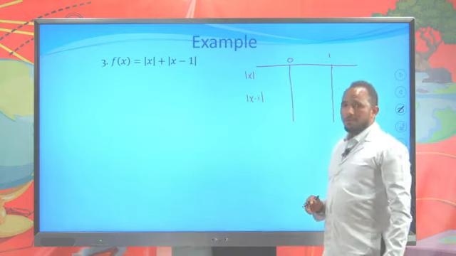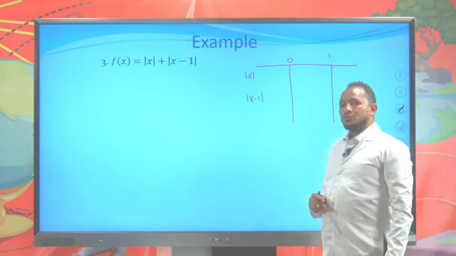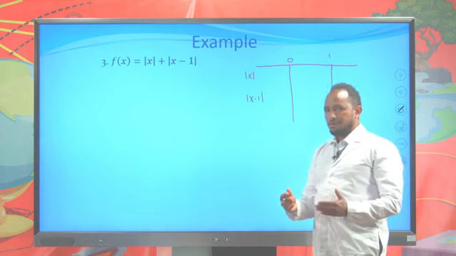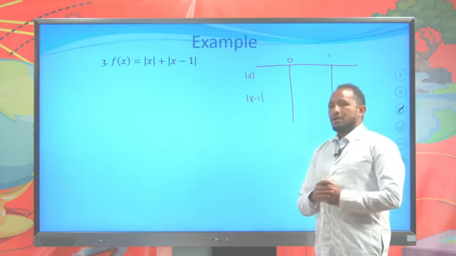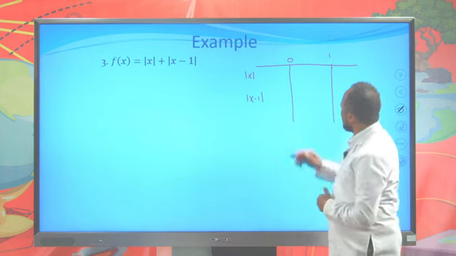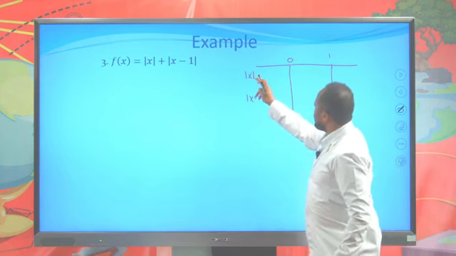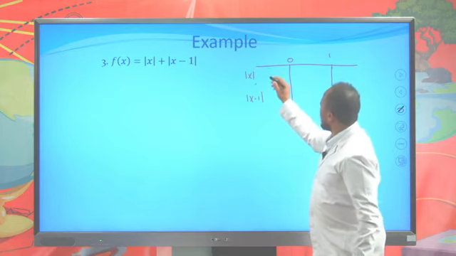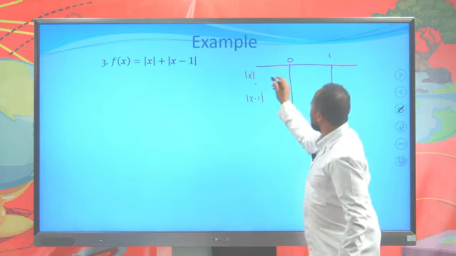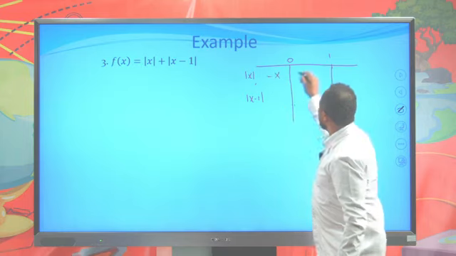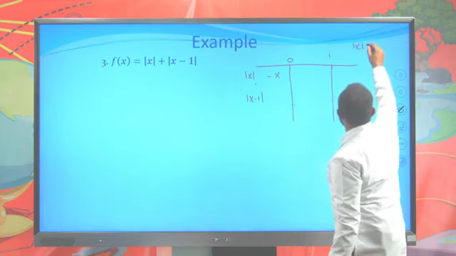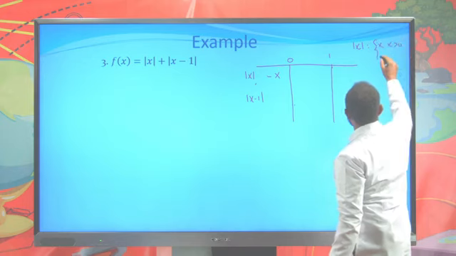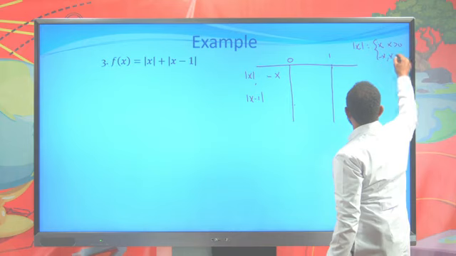I hope you remember the definition of absolute value. Absolute value of x is itself for positive numbers, negative x for negative numbers. So when you put negative numbers here, its absolute value must be made positive. So absolute value of x is equal to x for x greater than or equal to 0, and minus x for x less than 0.